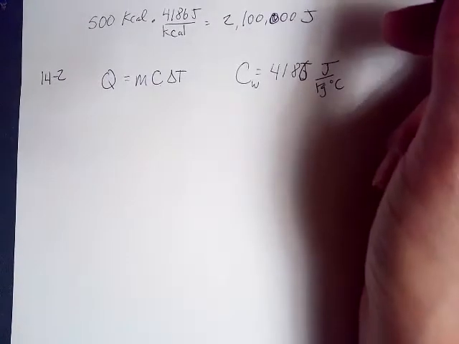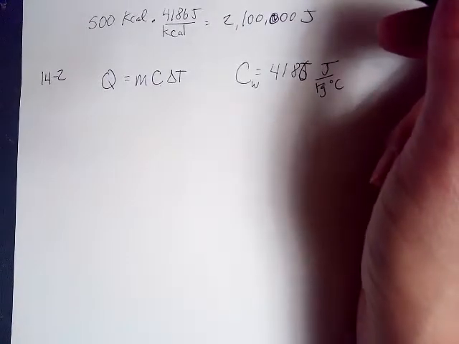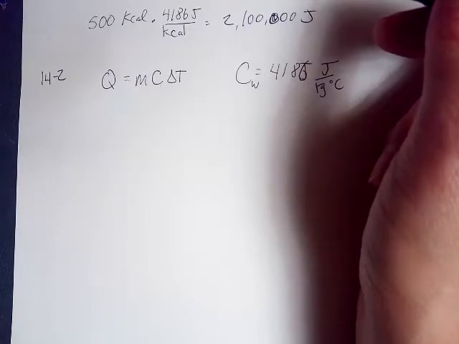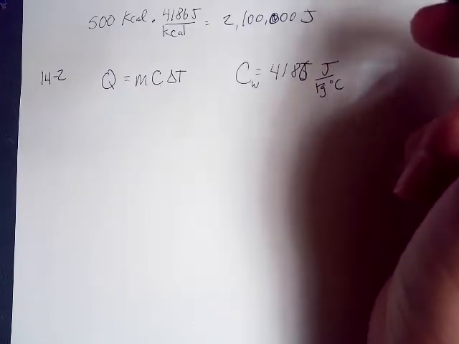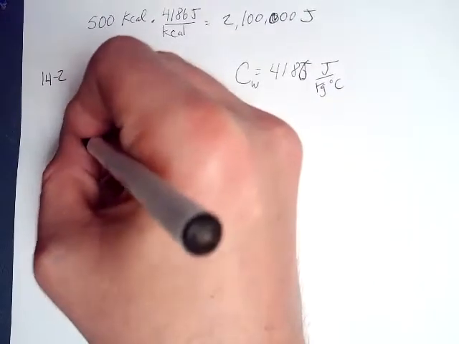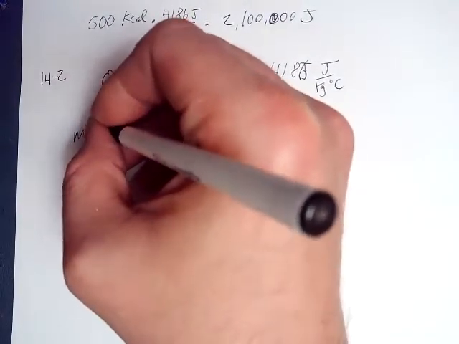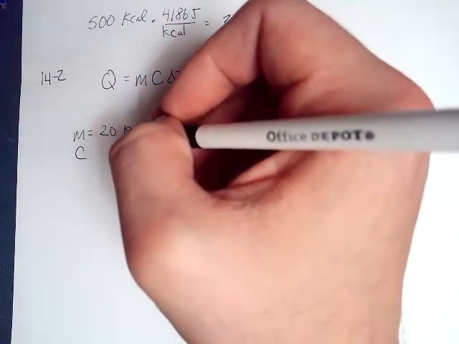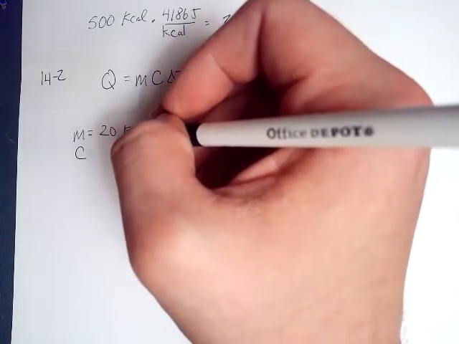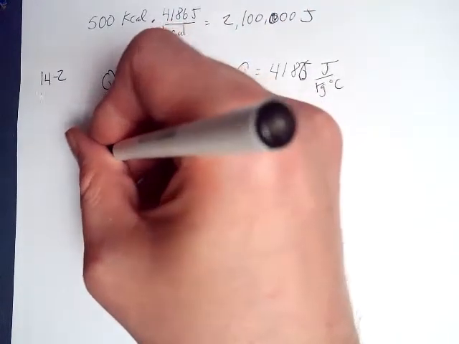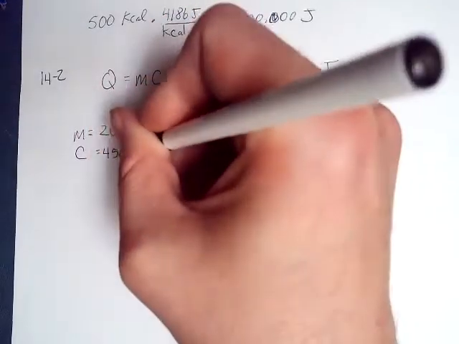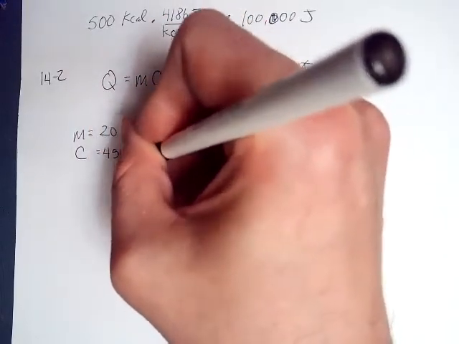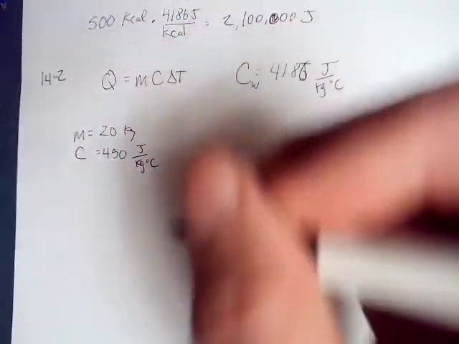How much heat is needed to raise the temperature of an empty 20 kilogram vat made of iron from 10 to 90 degrees Celsius? Okay, so we'll just write everything down here, 20 kilograms. Now I need to look up C for iron. It's right there on that page, 393, and we want to use the first column, 450 joules per kilogram degree Celsius.